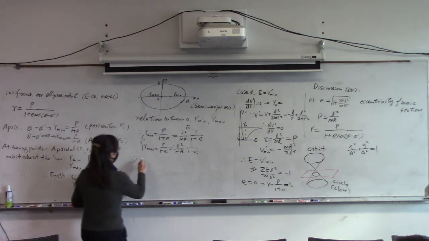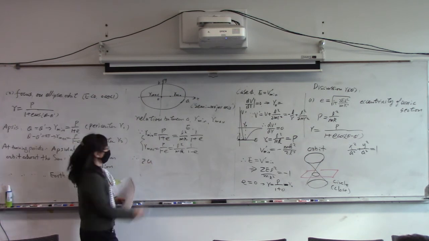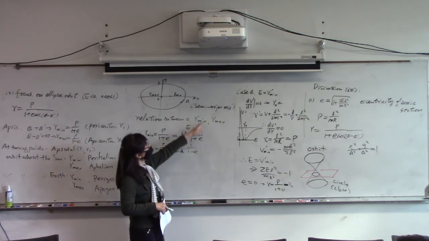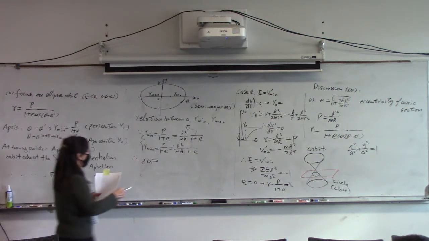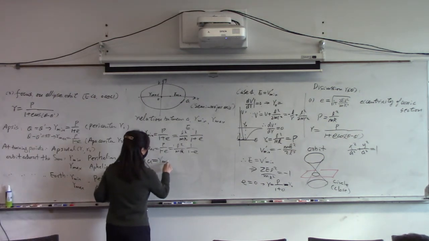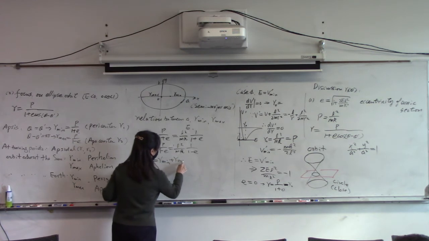Half of it is A, so the total 2A is the major axis, which is R minimum plus R maximum.